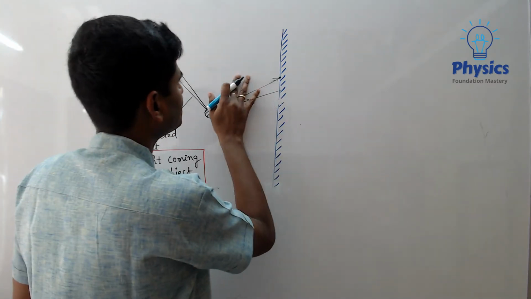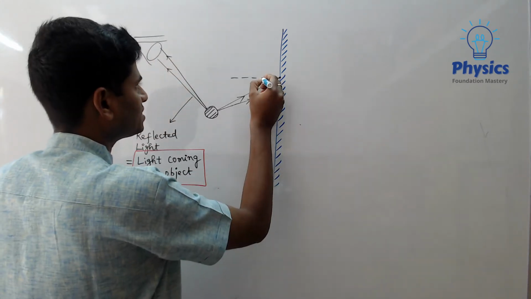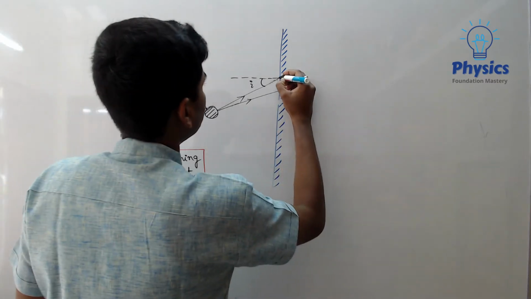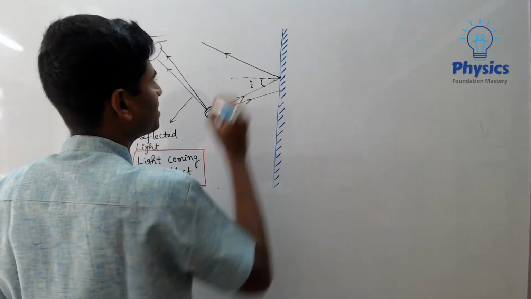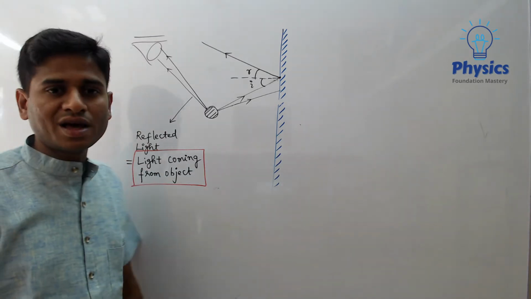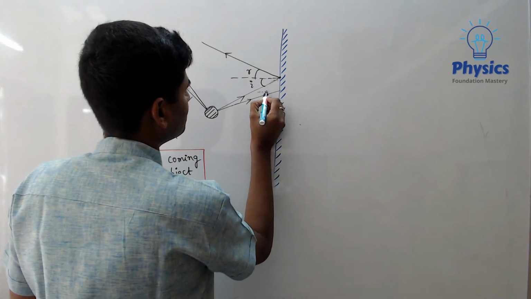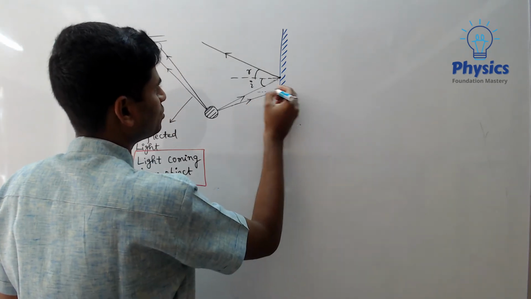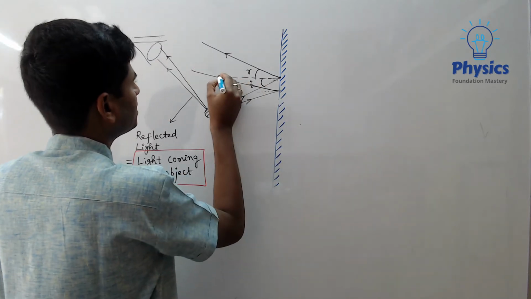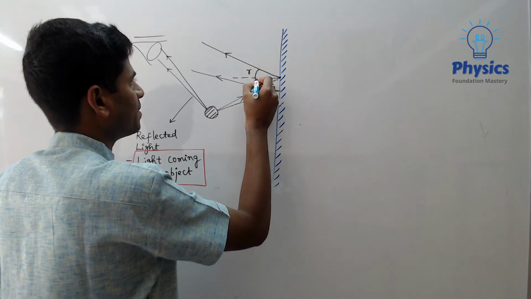This is the point of incidence, this is the normal, and this is the angle of incidence. Now, where will the reflected ray be? The reflected ray is here, such that the angle of reflection and the angle of incidence are the same. Similarly, as far as this ray is concerned, I'm going to just draw it arbitrarily. So this is the reflected ray.